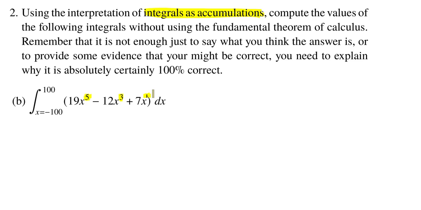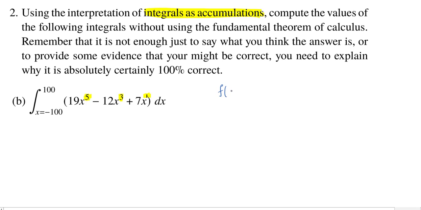And that suggests that maybe we have an odd function, yeah? Now, this is, of course, a general fact. If you have a polynomial and all of the degrees for the individual pieces are odd, then you actually do have an odd function. Let's verify this, right, in this particular case.